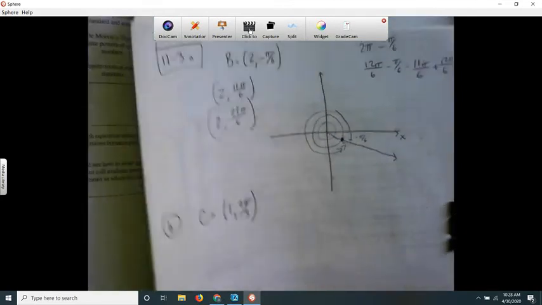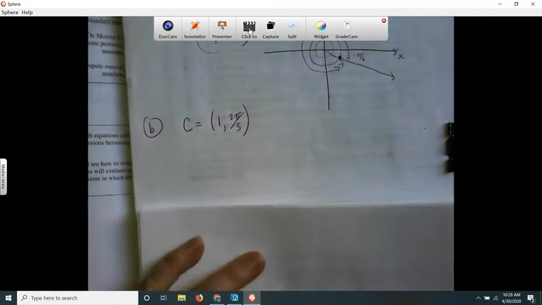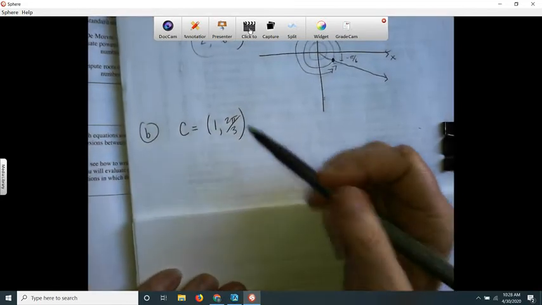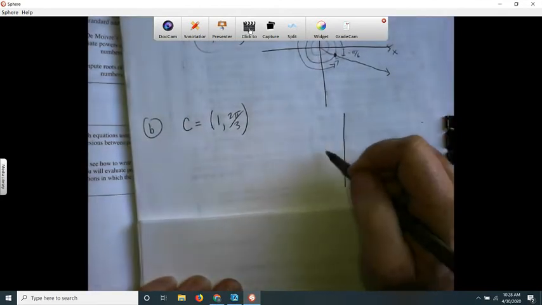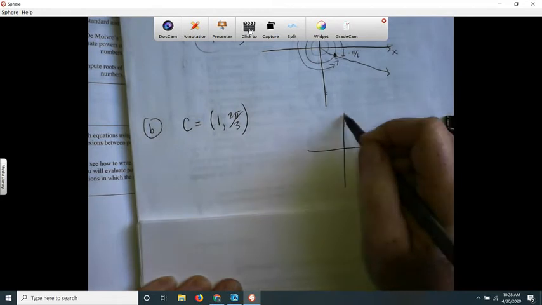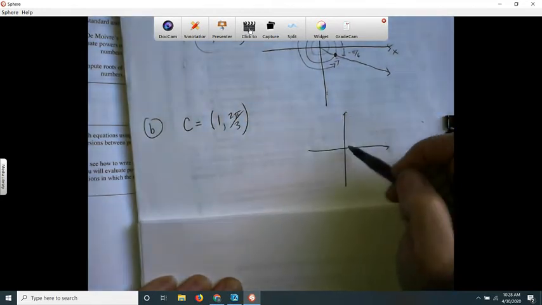And then letter B says use polar coordinates to write point C in at least 2 more different ways. So here's point C. I'm going to show what it looks like so that'll help me decide how I can write it in different ways. Point C, the angle is 2 pi over 3.